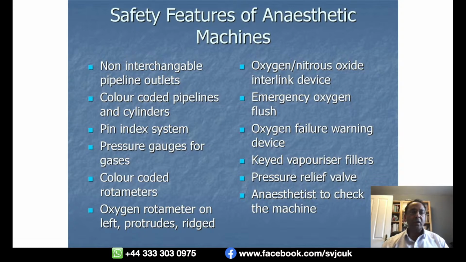There's an oxygen rotameter which is on the left, and it's ridged. There is an oxygen nitrous oxide interlink device, so there will be no delivery of nitrous oxide when oxygen fails. There is an emergency oxygen flush. There is an oxygen failure warning device. There are keyed vaporizer fillers. There is a pressure relief valve.